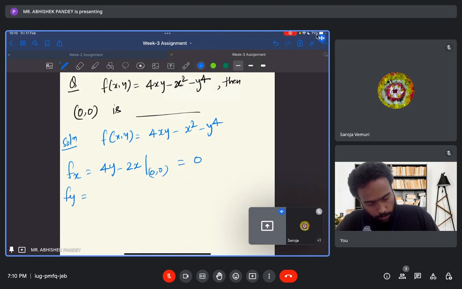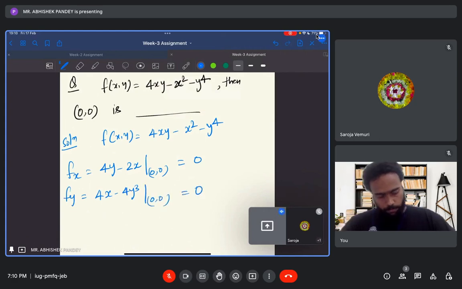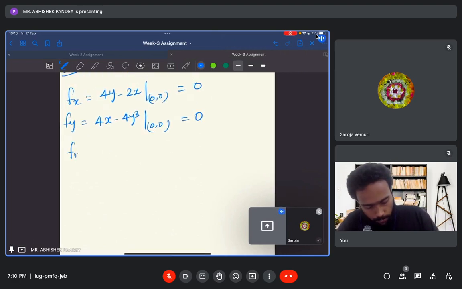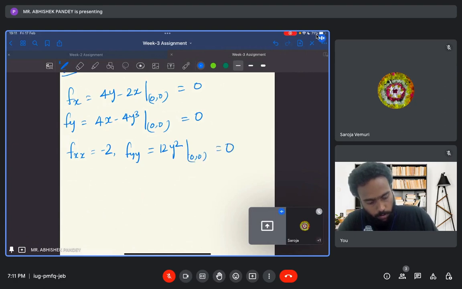Fy is 4x minus 4y cube, at 0 comma 0 this is 0. Okay. So now fxx is minus 2, fyy is 12y square, and at 0 comma 0 this is 0, and fxy equals fyx equals 4.